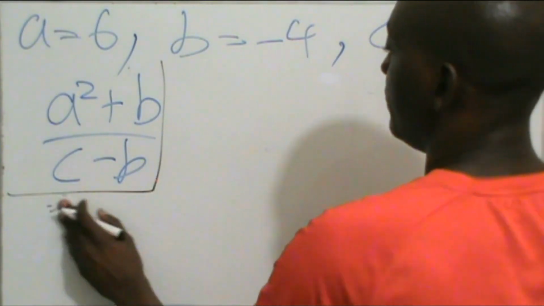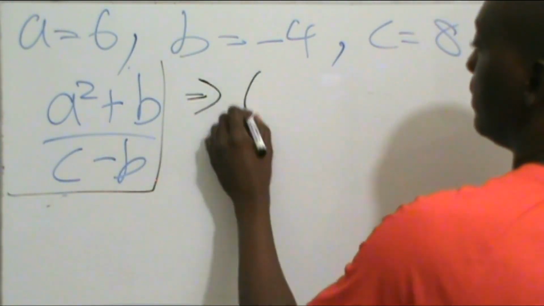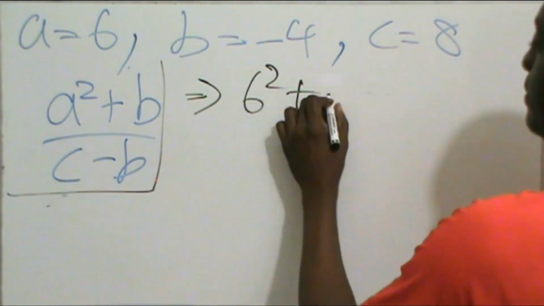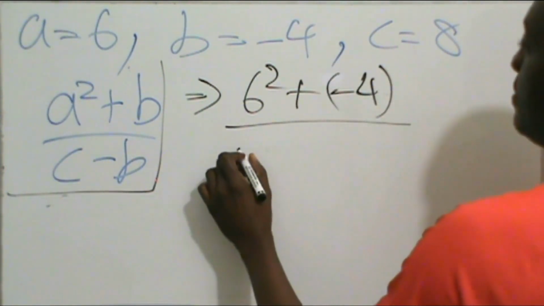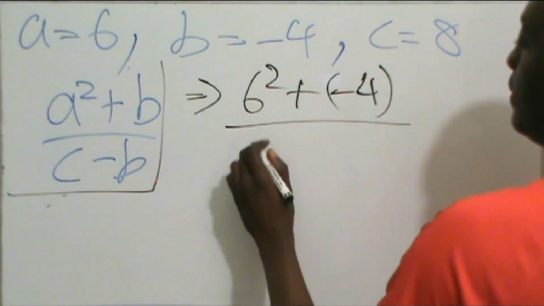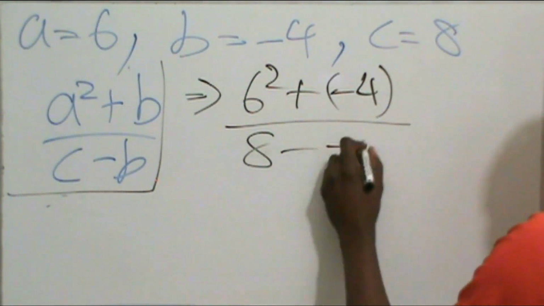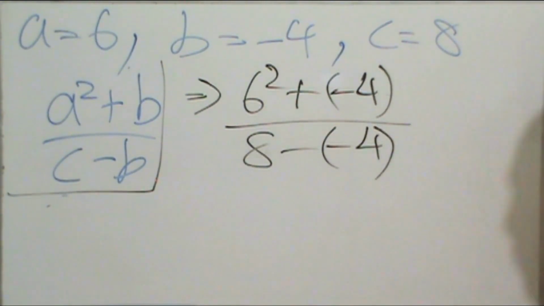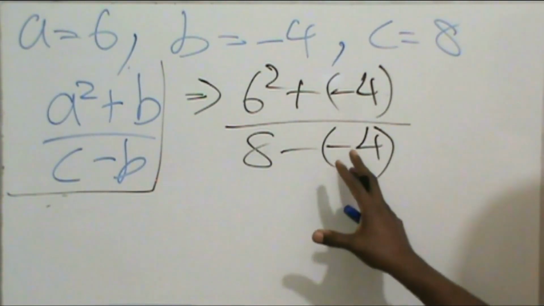A squared plus B is 6 squared plus minus 4, all over C is 8 minus B, minus minus 4. Alright? So in this question, this is the first step here, substitution.